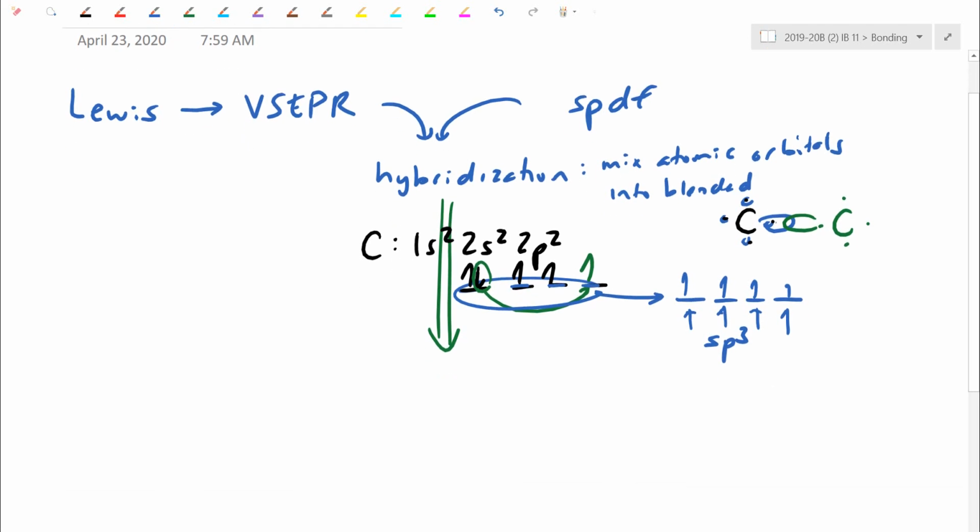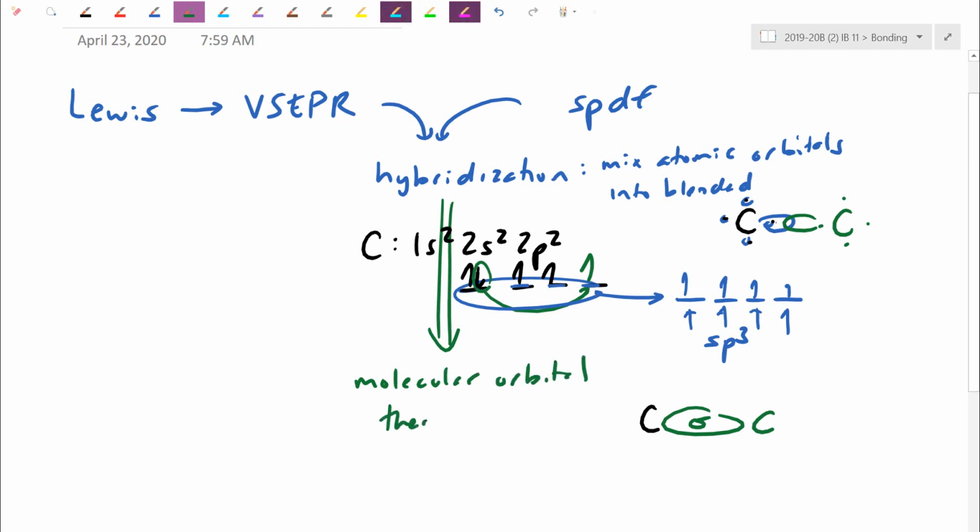Then I end up with what we saw: carbon can end up forming, say, a sigma bond, and now that sigma bond actually belongs to both elements, and in that case we call this molecular orbital theory. So that's why I shorthanded MOT earlier.